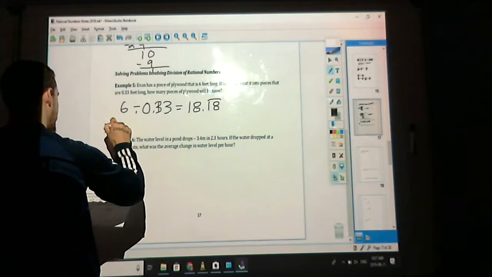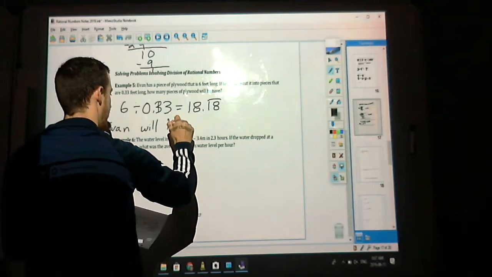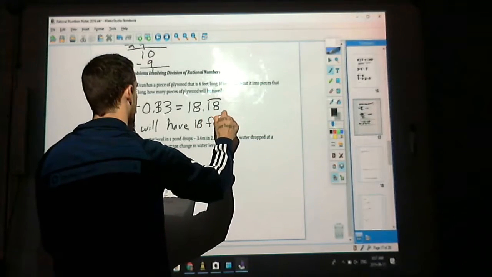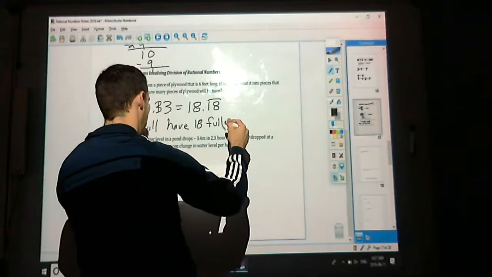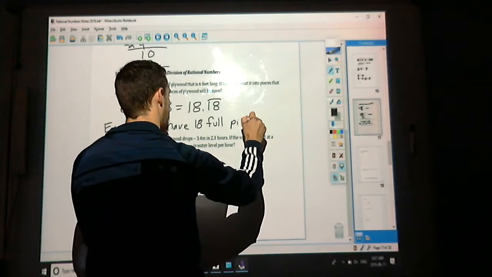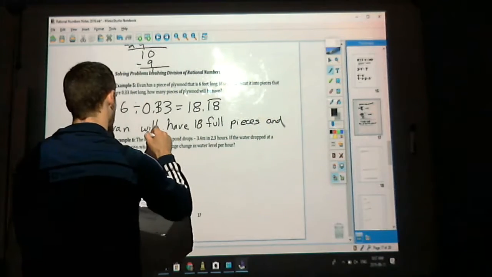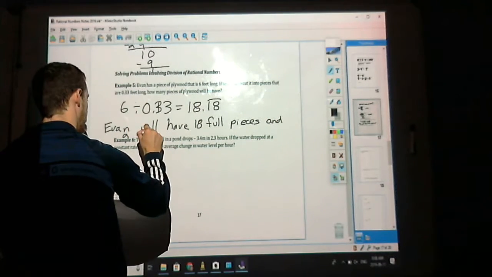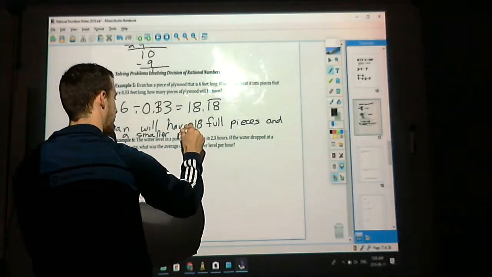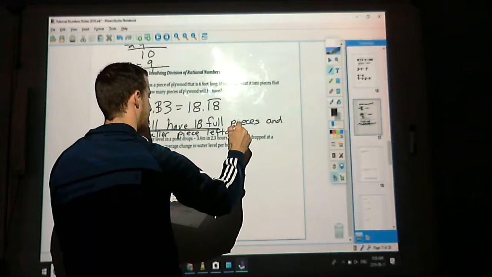So Evan will have 18 full pieces, right? Pieces and a smaller piece left over.